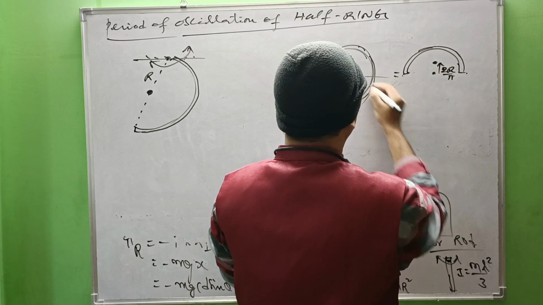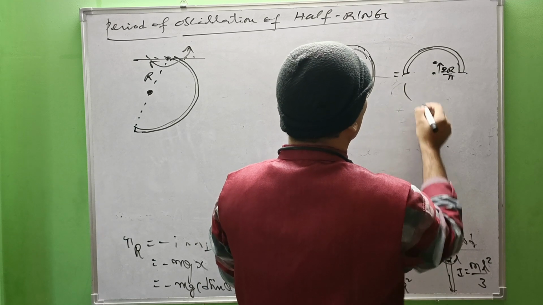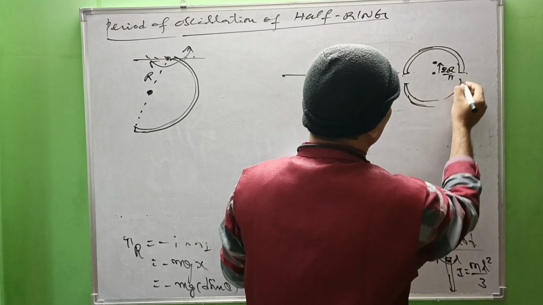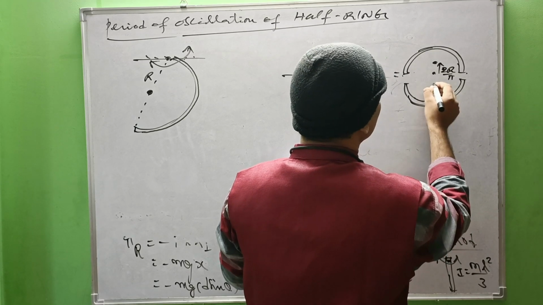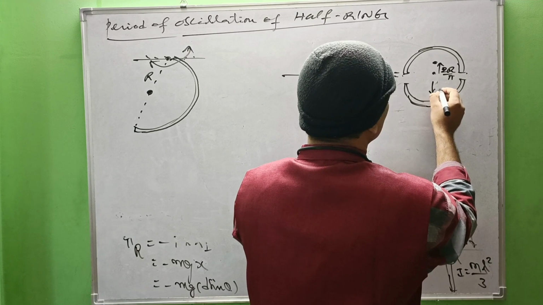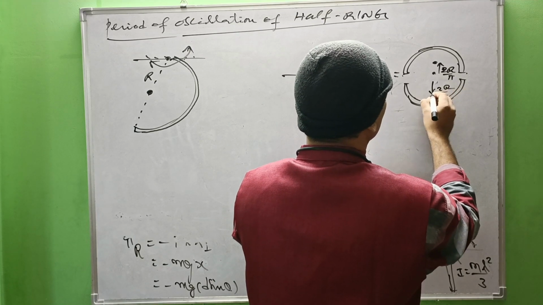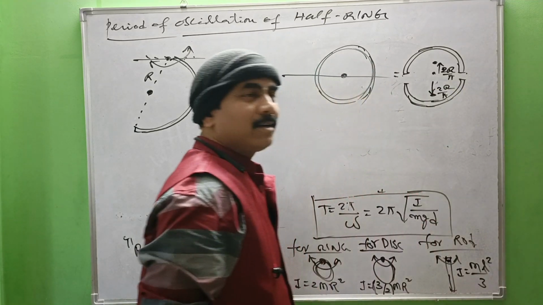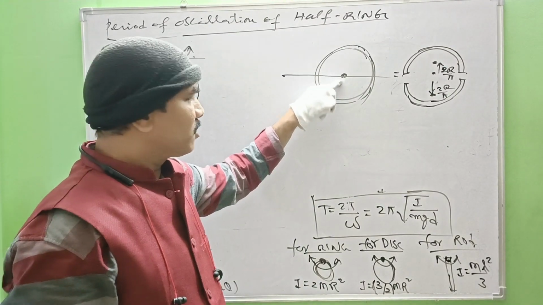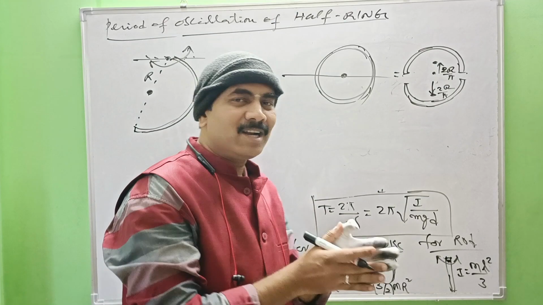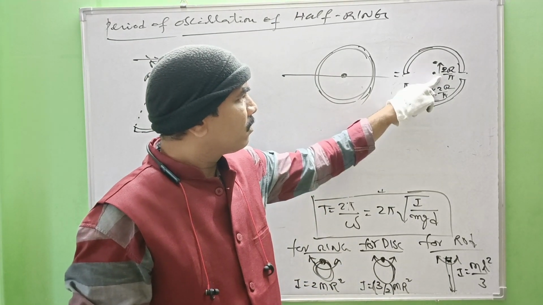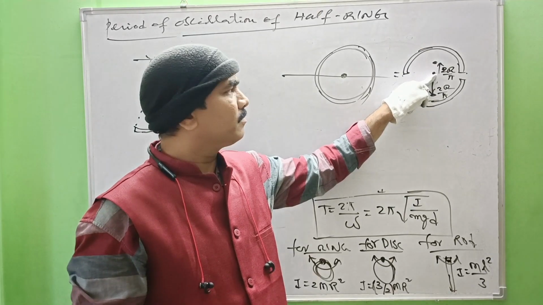For the lower portion also, the center of mass shifts to a distance 2r by pi. This will be the position of the center of mass. So with its full form, the geometric center will be the position of the center of mass, but when it is cut into two equal halves, the center of mass shifts inward to a distance 2r by pi from the geometric center.